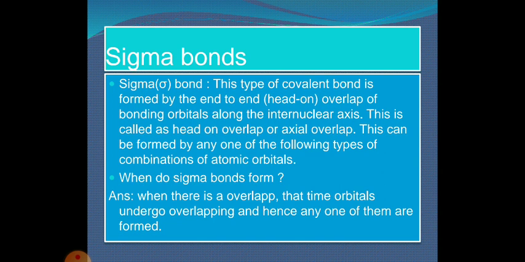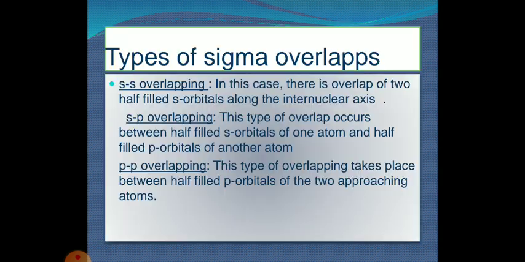Sometimes a question may be asked: when are sigma bonds formed? The answer is that when there is overlap, the orbitals undergo overlapping and hence any one of them is formed. Types of sigma overlapping: ss overlap, sp overlap and pp overlap, in which a sigma bond is formed.